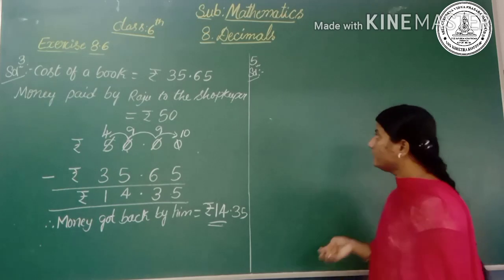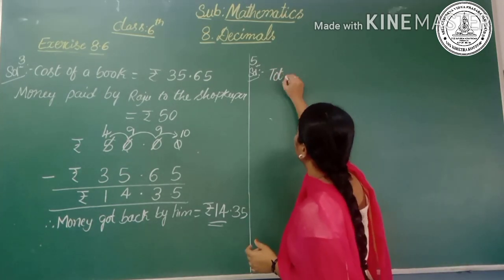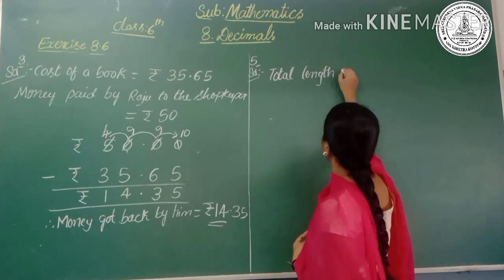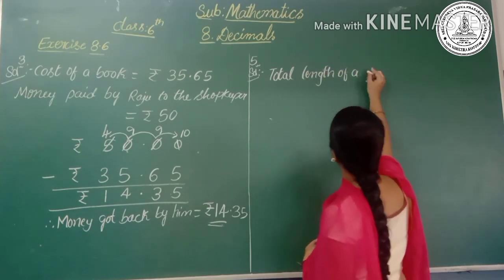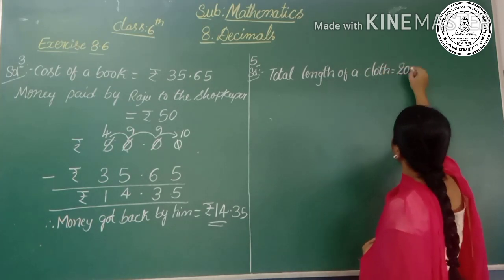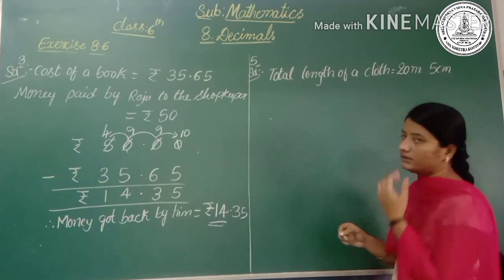Total length of a cloth. First sentence, total length of a cloth, that is 20 meter 5 centimeter, right?